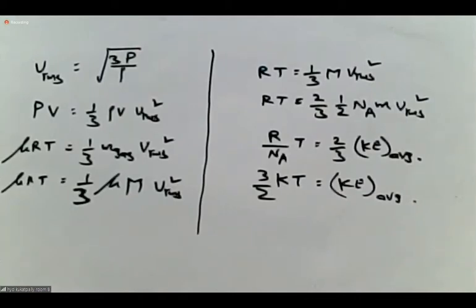That is the Boltzmann constant. So the average translational kinetic energy per molecule is equal to 3 by 2 kT.